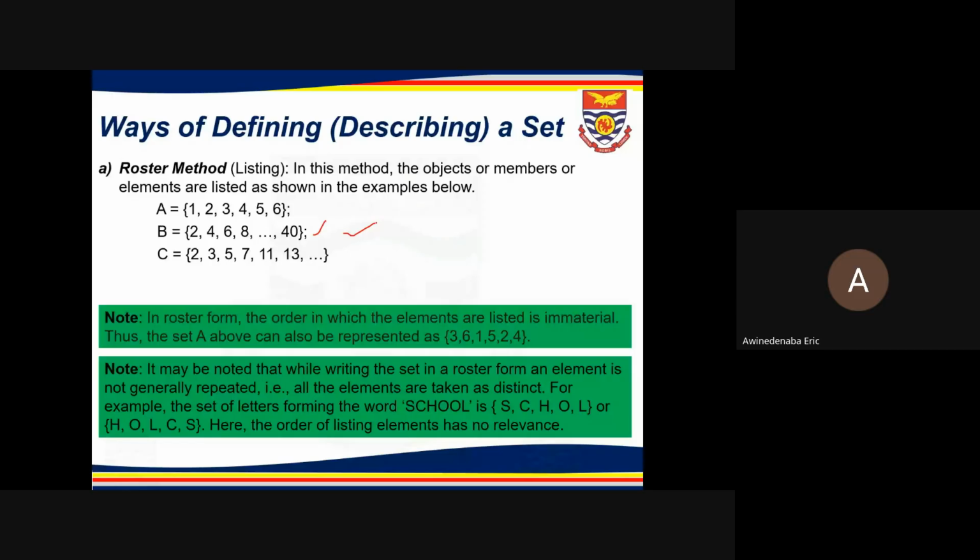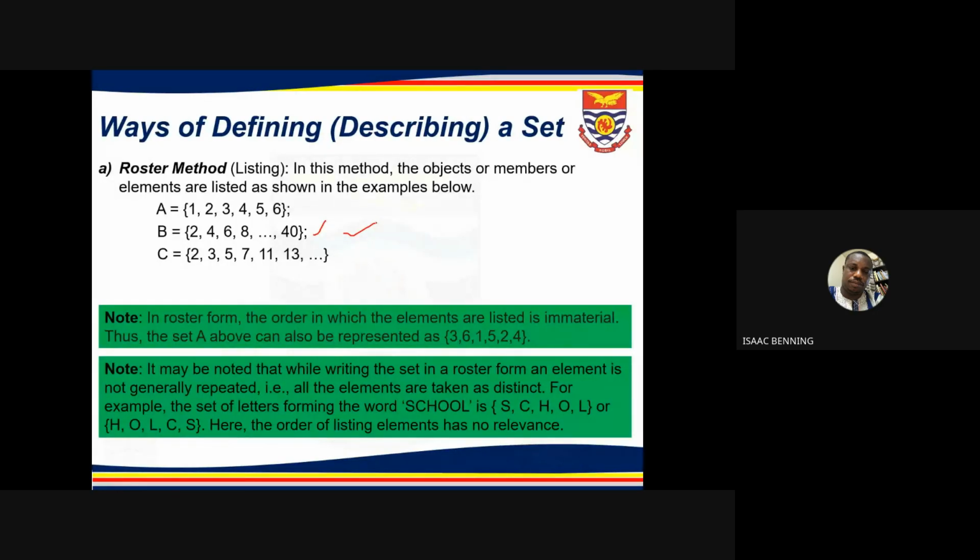So even numbers from 2 to 40. Yeah, you can also say even numbers from 2 to 40. So when you say that, you have given a definite description of the set.